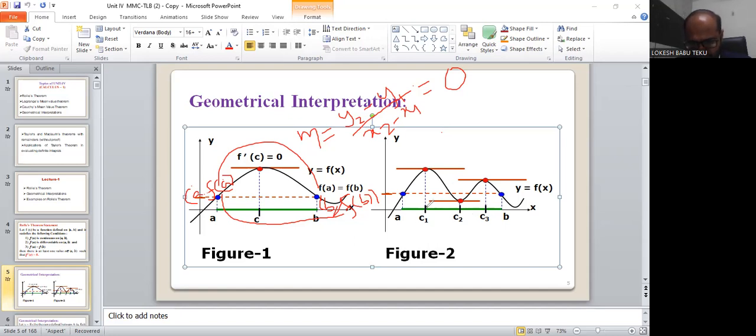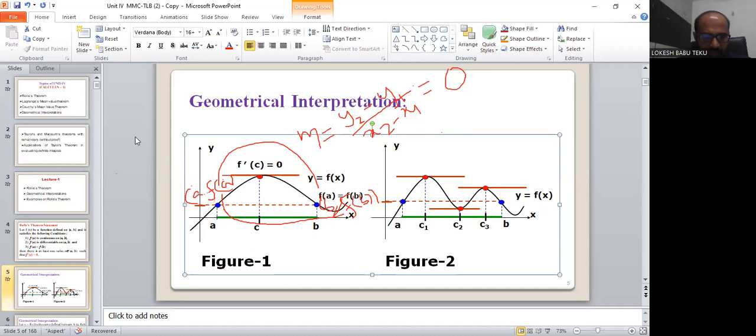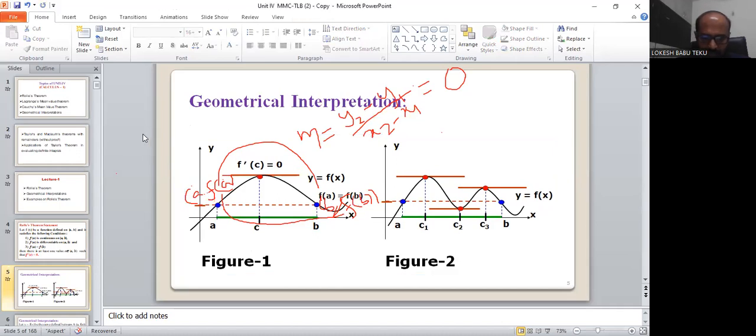Then there exists a C belonging to (A, B) such that the tangent is parallel to the x-axis, and f dash C equals 0. Now, by using this formula, you can solve problems. Let us solve some problems.